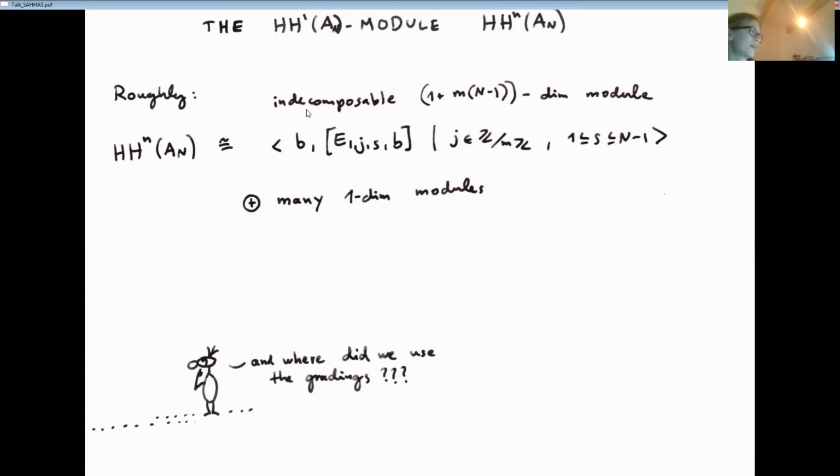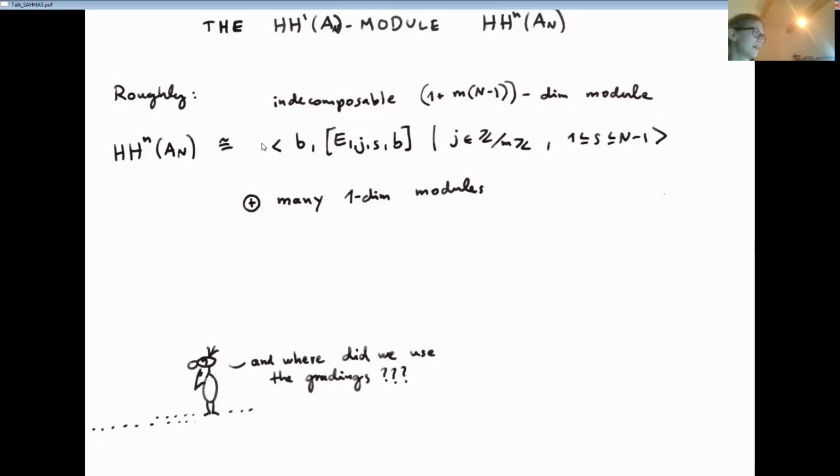So we have one big indecomposable module that is generated by one element, and then everything that you can obtain from that element by taking the bracket with our E1JS. And maybe keep in mind that the degree derivations won't add anything, because they act diagonally anyway, so you don't get anything new from these degree derivations.